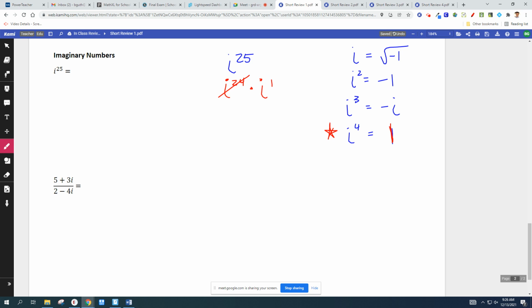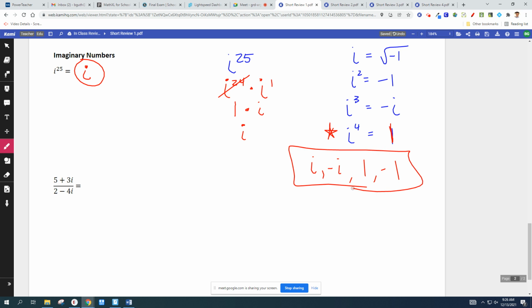So i to the 24th is equal to 1, and then we'd have to multiply times i. We're going to get i. i to the 25th simplifies just to i. The answer is either going to be i, -i, 1, or -1 every time. Those are the only 4 possibilities, but in this case, we're talking about just i.